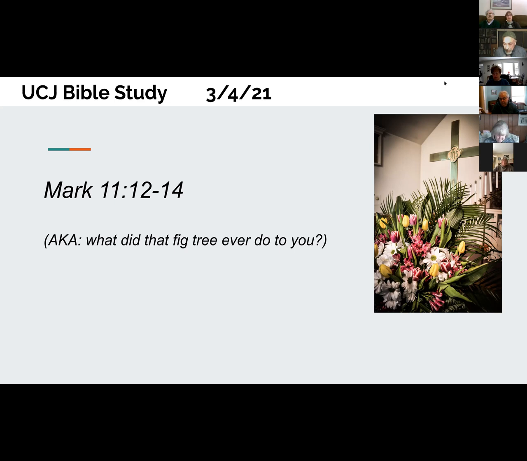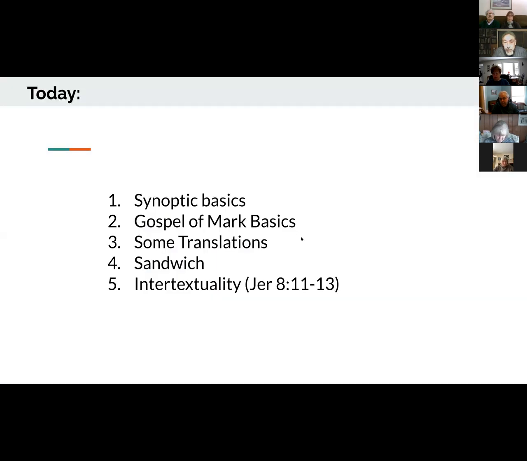So let's see. This is, again, oftentimes helpful when I teach, just to give folks a quick sense of what's in the slideshow. I want to go over some super basic things about the Synoptic Gospels.